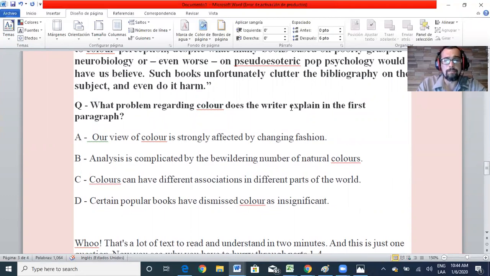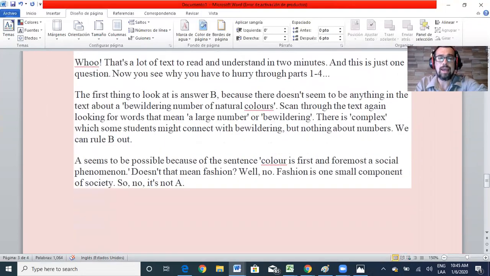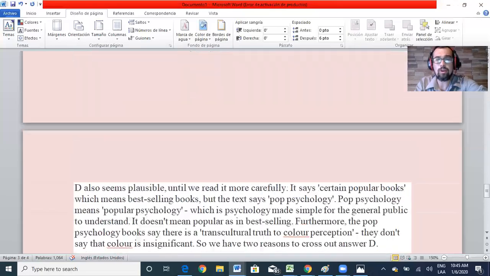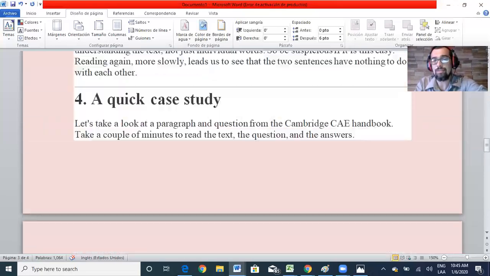So you would need to read carefully, again, the problem regarding color, right? So what is that problem? And it's going to be in the first paragraph. So that's, again, what I was telling you, most of the times the first question is going to be in the first paragraph, the second in the second paragraph, and so on, okay? But please take a look at this so that you will be able to find some information.